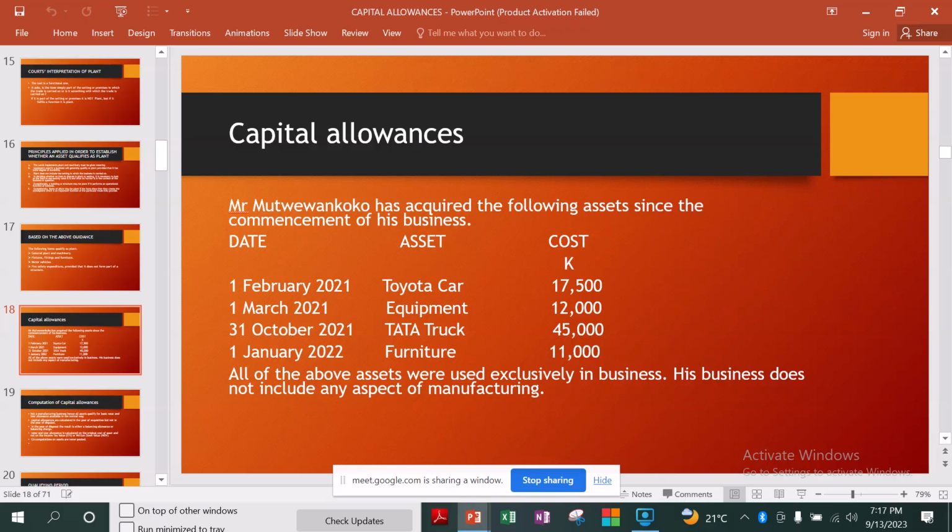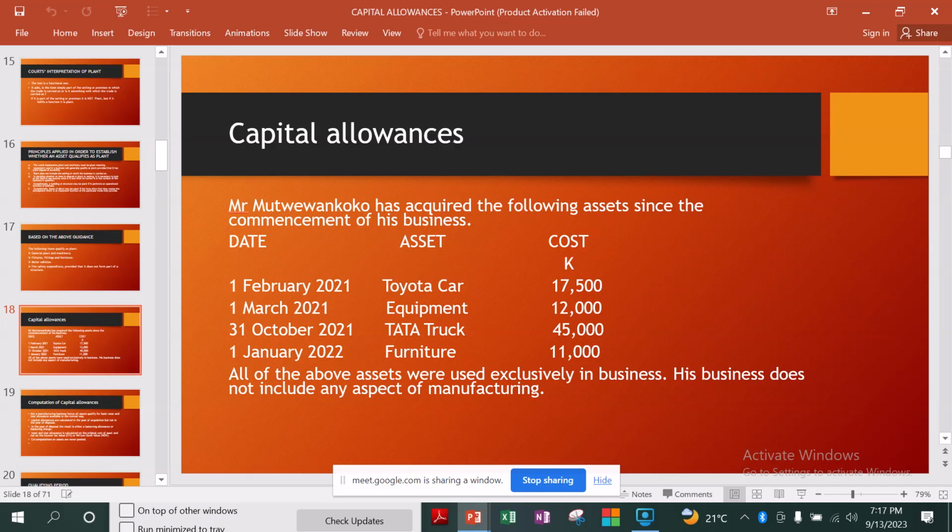That's what we have. Now, the scenario is telling us that all of the above assets were used exclusively in business. This Mr. Mutwewankoko's business does not include any aspect of manufacturing. Now, when you look at this presentation of a question, a number of things need to be noted.